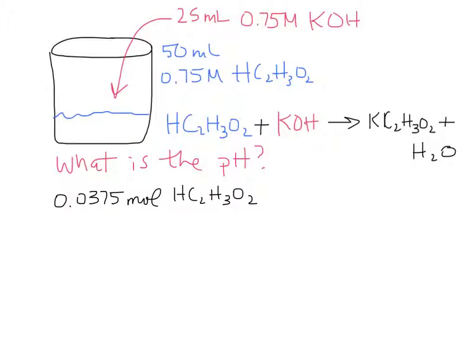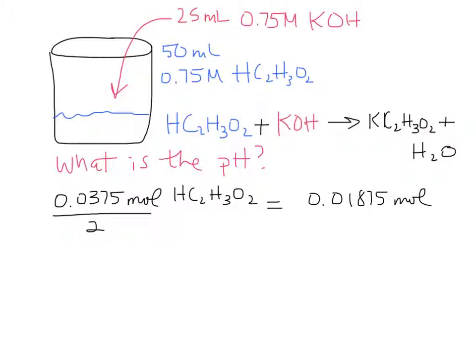That amount gets cut in half by the amount of base that we add. So this amount over 2 gives us the amount that we still have remaining. And when you calculate that, you get it to be 0.01875 moles.